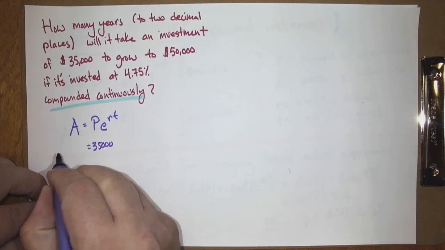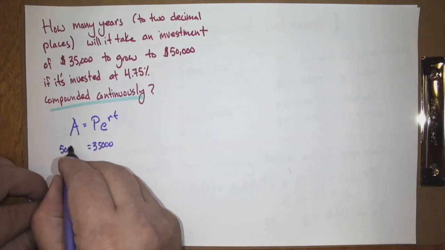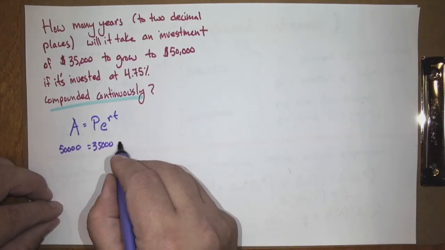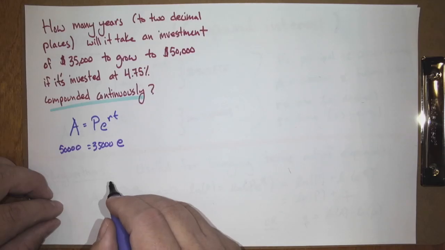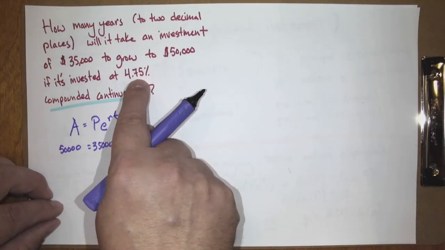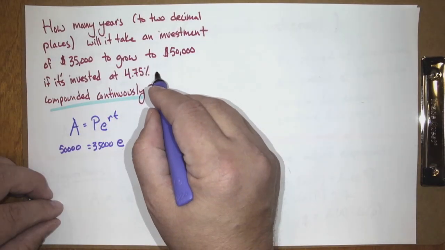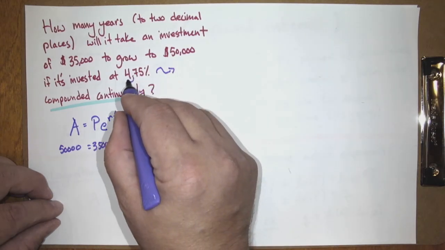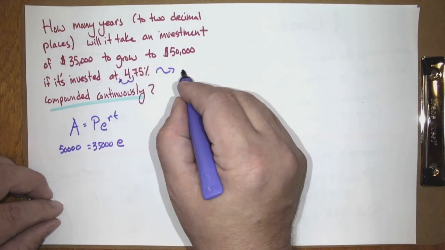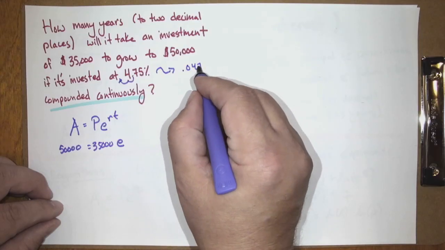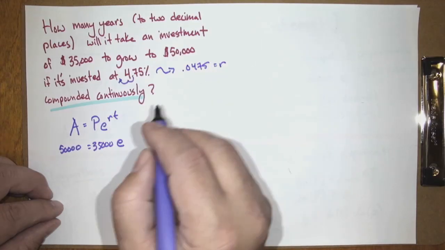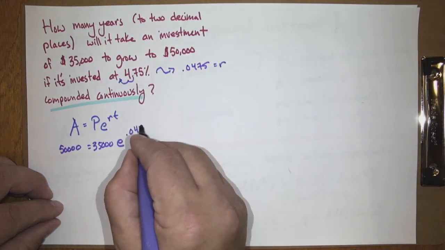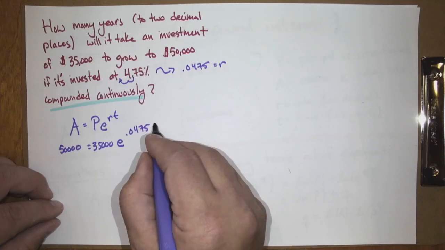So that's the A. And now we have the E, that's always there. R, well, we're not going to use 4.75% because we don't use percent. We're going to move the decimal over 2 places. So 0.0475, this is our R, and then T.